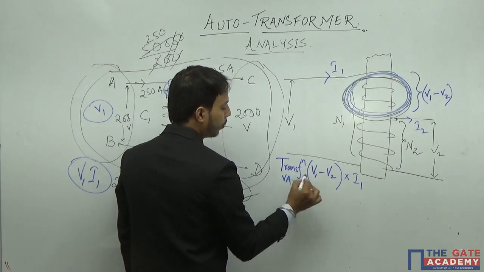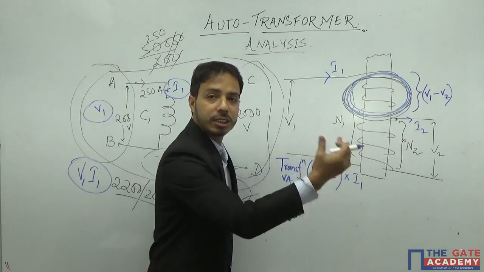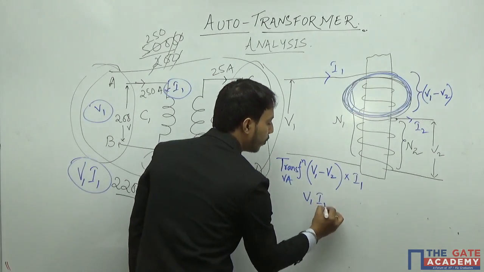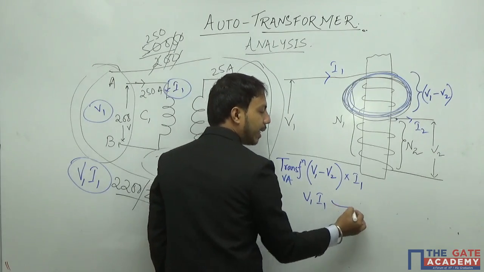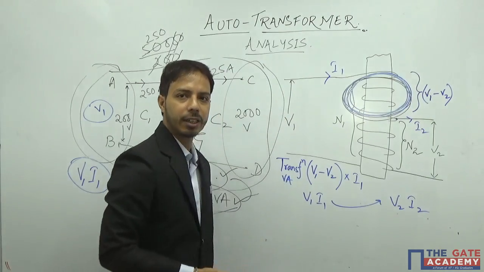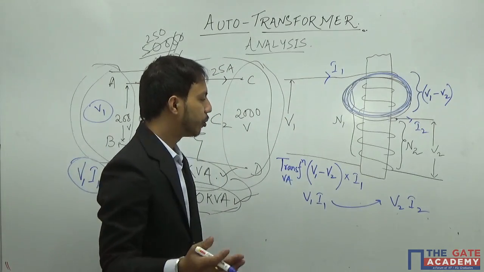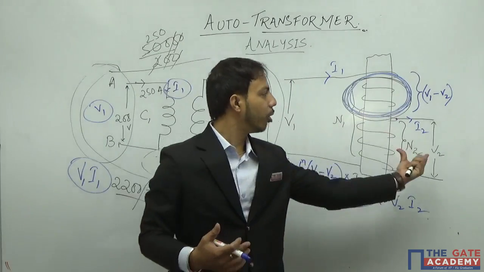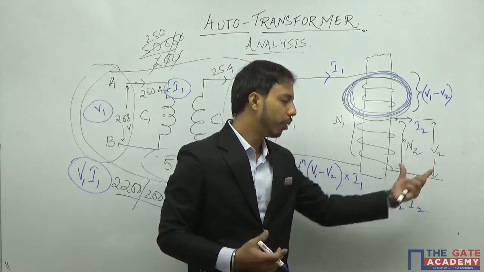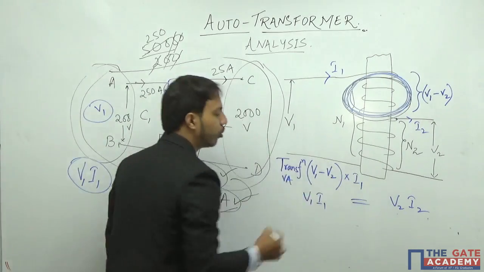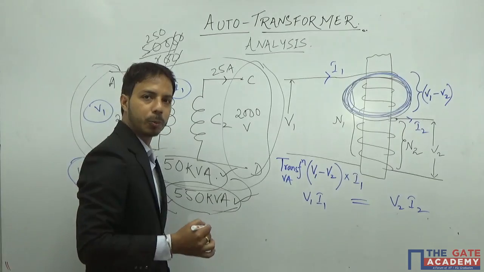This is my transformed volt ampere. So total volt ampere which is transferred is V1 into I1. Since V1 into I1 is getting transformed into V2 into I2, and we know that in a transformer the losses will be negligible and the power factor of input and output, I can say that they are equal. So input power will be equal to output power, or in other words, input kVA will be equal to output kVA.